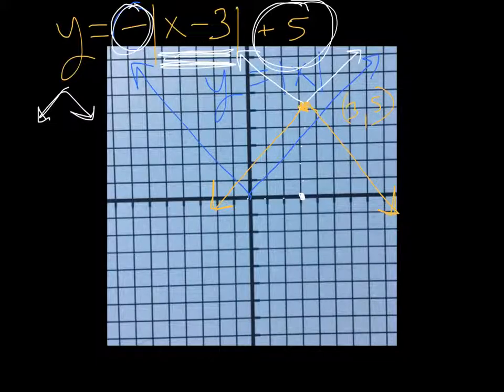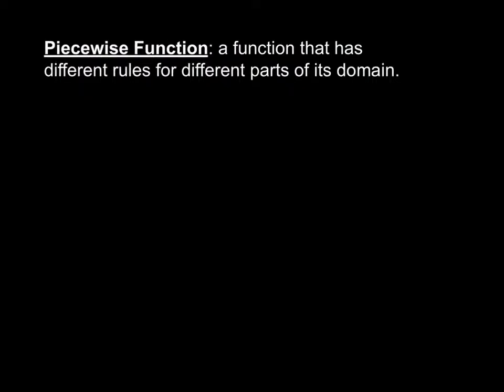Okay? Now, a few more vocabulary words. A piecewise function is a function that has different rules for different parts of its domain. And the absolute value function is an example of a piecewise function. For example, when x is greater than or equal to 0, the absolute value of x is equal to x, right?